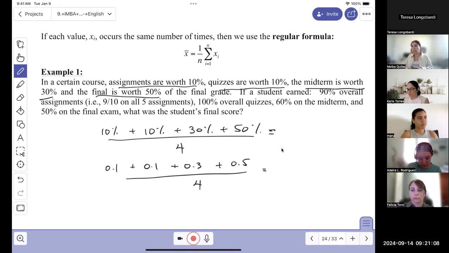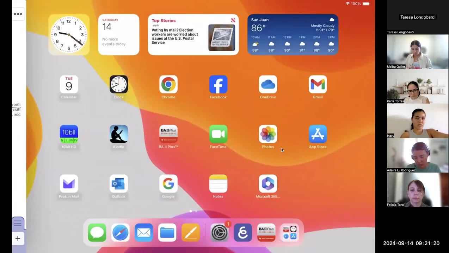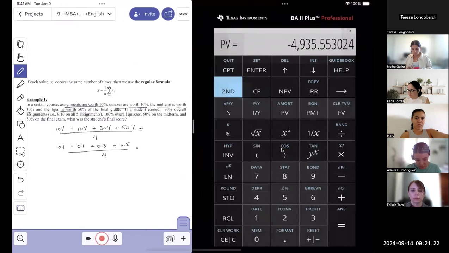All right, so if I do that, you can add them manually, or we could use the stat mode of the calculator, but let's just do it manually.